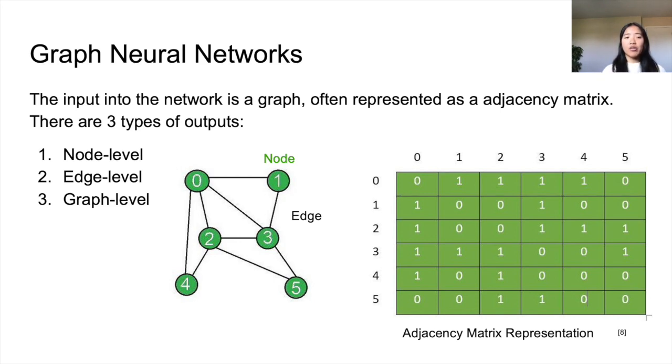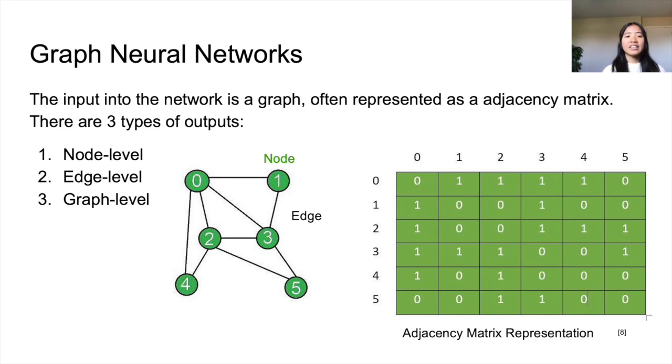The second type of output is called an edge level output, and this will give you information or value for your edges. What's especially useful about an edge level output is that it may even create new edges between nodes, which indicates that there's a new relationship between nodes that we didn't even know existed prior.